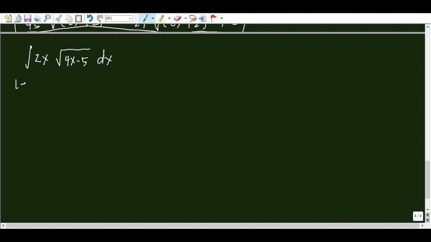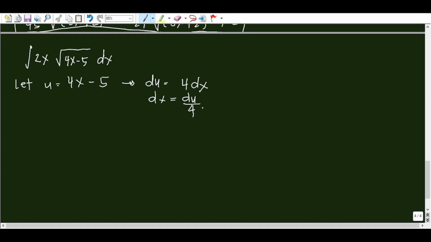Again, let our u be equal to 4x minus 5. Then, the next thing, we take the derivative of this para hindi kayo malito. The derivative of this is 4 dx. Right? So, if I'm going to get the value of my dx, that is equal to du over 4.